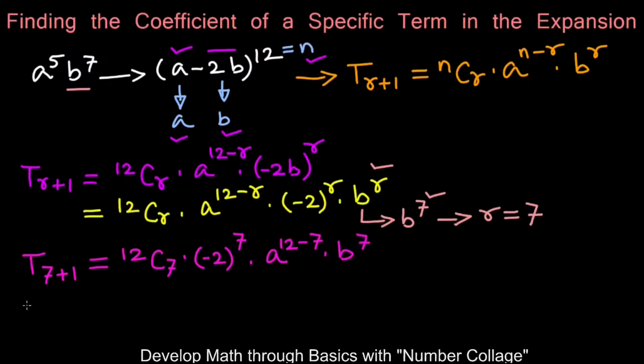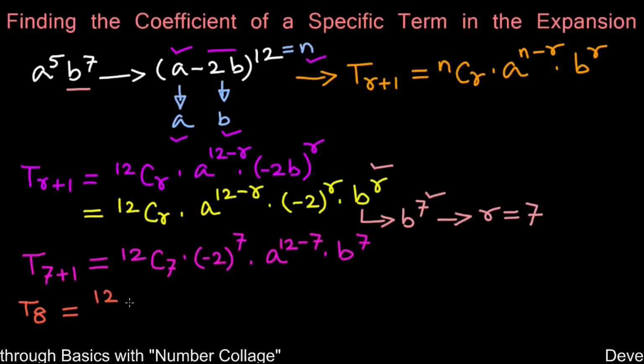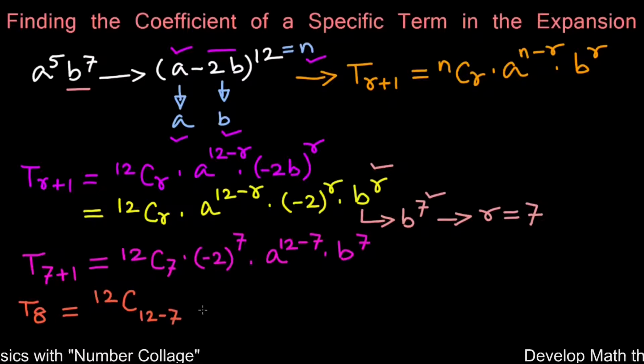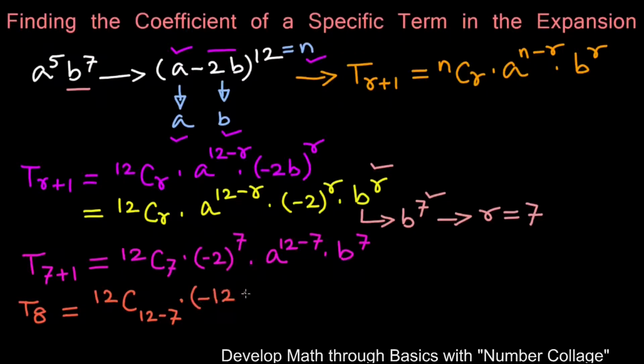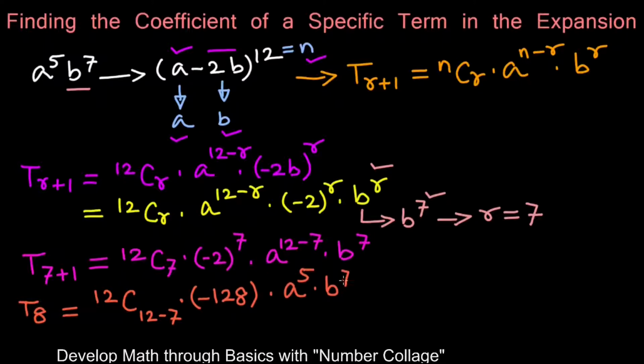So that will be T8 equals, we write this 12C7 as 12C(12 minus 7), multiplied by 2 raised to 7, minus 128, into a raised to 5 into b raised to 7.